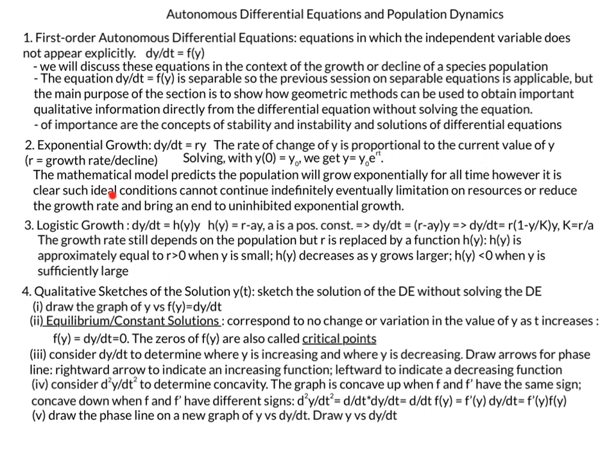However, it is clear such ideal conditions cannot continue indefinitely because eventually there'll be a limitation on resources, which will reduce growth rate and bring an end to uninhibited exponential growth. So we looked then at logistic growth, which was very similar to exponential growth in that dy/dt is dependent on y, but now instead of a constant r, it's dependent on a function h of y.